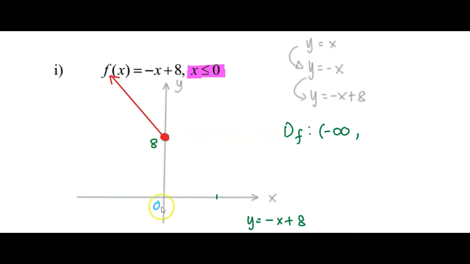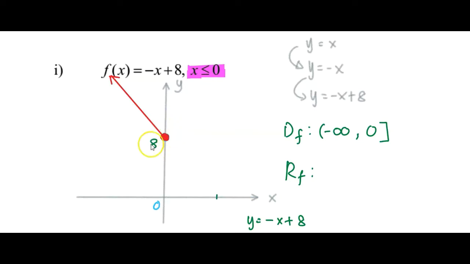The value of x is negative infinity. Then the point closest to the right is this one, and the value of x is 0. So the domain will be from negative infinity to 0, and we use the close bracket to close the 0, because here we can see the dense circle.